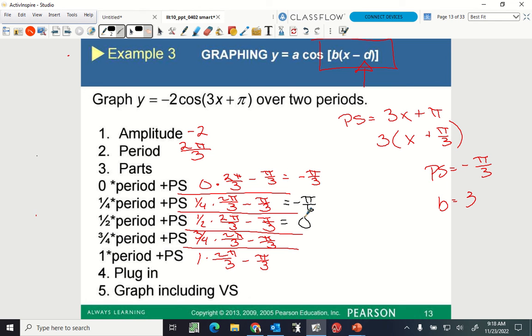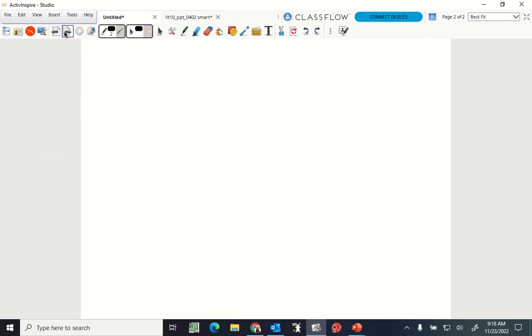So 3 pi over 4. There you go. 3 over 4 times 2 pi over 3. All right, so we're going to do some reduction. What can I reduce? 2 and 4.